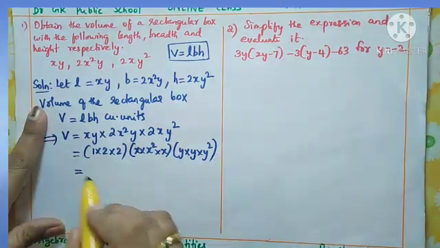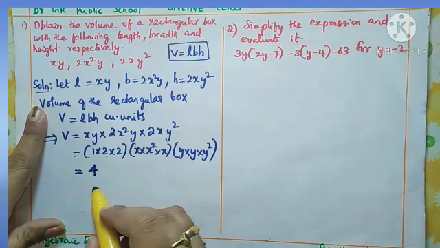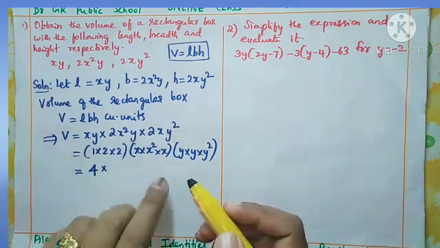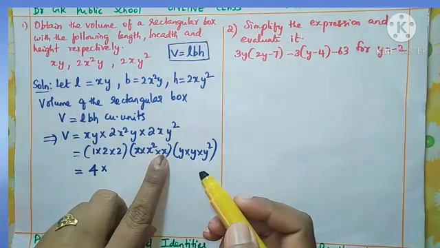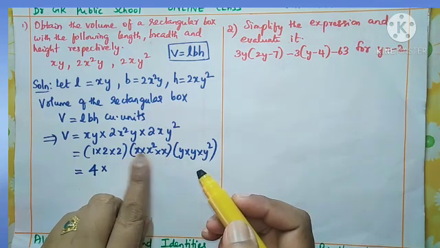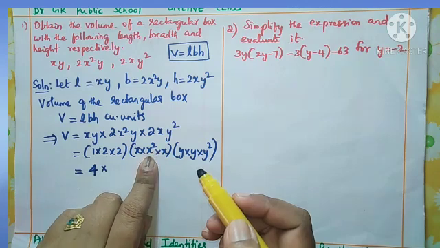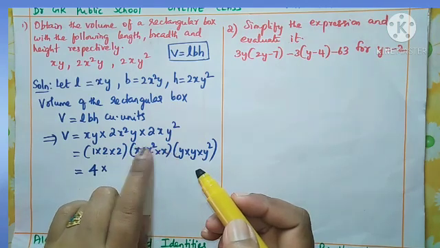So this is equal to 1 into 2, 2 into 2, 4. Okay. And here you see 4 into, when you want to multiply these x terms, they are all the variable x, no? So when you multiply, you want to add the powers.